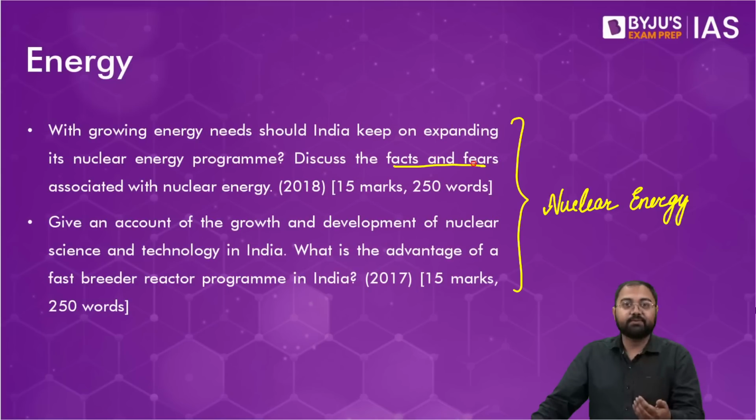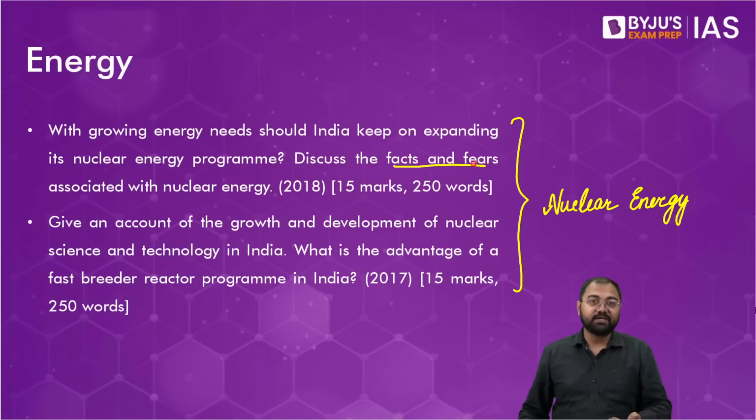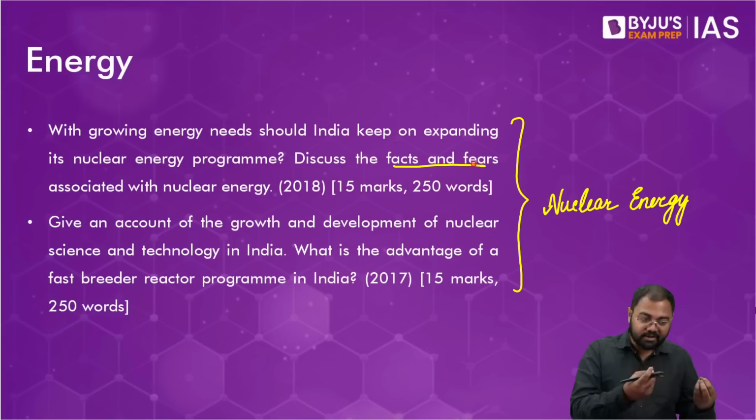So you'll have to write about those fears: the chances of nuclear meltdown, accidents, leakage, and the disposal of nuclear waste. You'll have to talk about all these things, but never end on a negative note. End on a positive note, and talk about what can be done so that these issues do not happen at all. How can we ensure that?